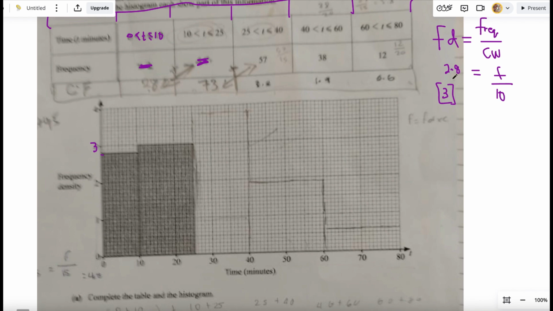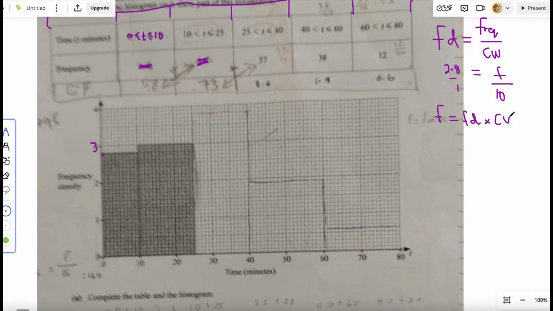Let me erase this mark, the one I put here previously. Now when we cross multiply, we have frequency F equal to frequency density multiplied by the class width.